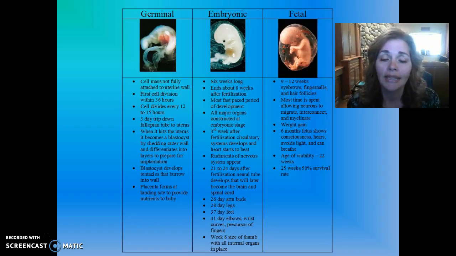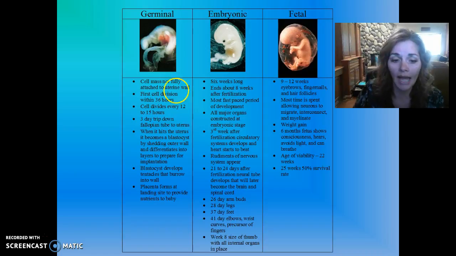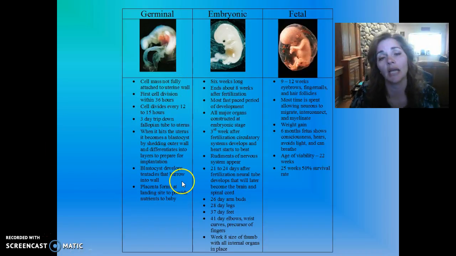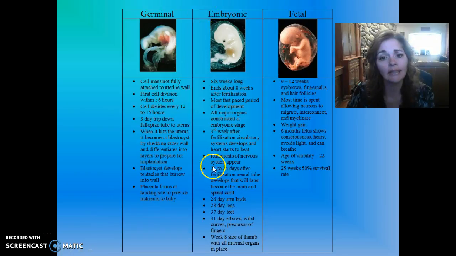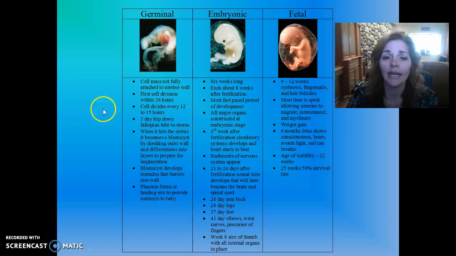At this time, a lot of cell division is happening, and it converts from a zygote to what we call a blastocyst, which is a hollow ball consisting of hundreds of different cells that are going to differentiate into different layers and begin that implantation process.